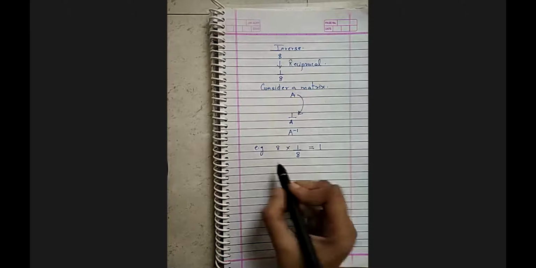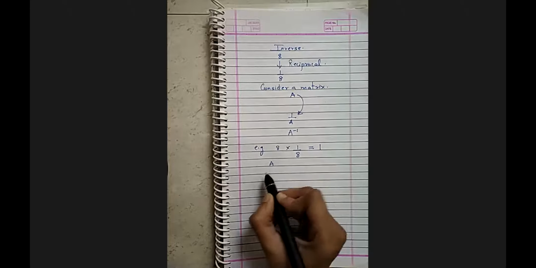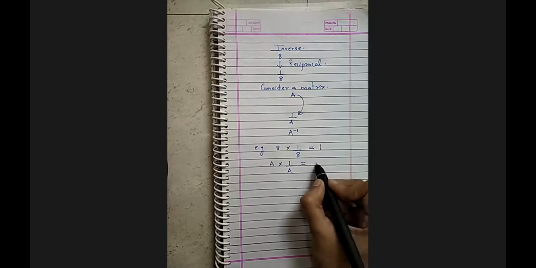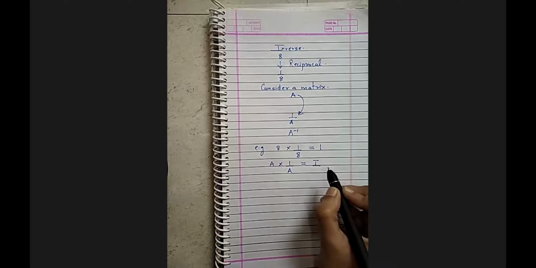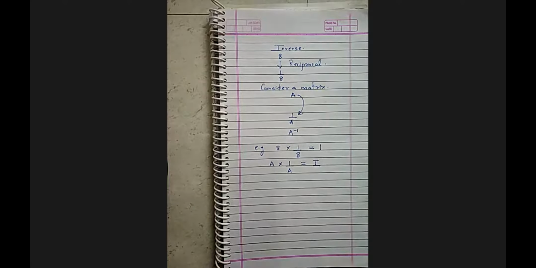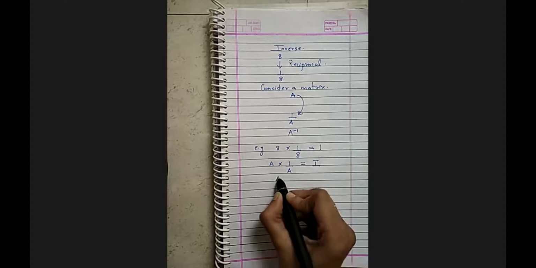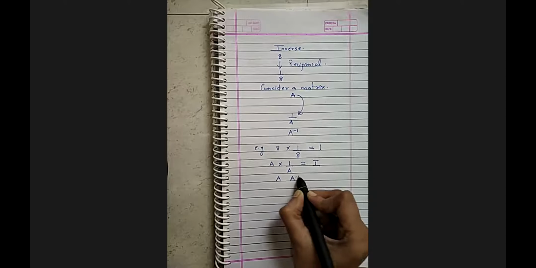If I multiply a matrix by its inverse, what should I get? The identity matrix, which is like 1 for matrices. So A into A inverse is equal to I.